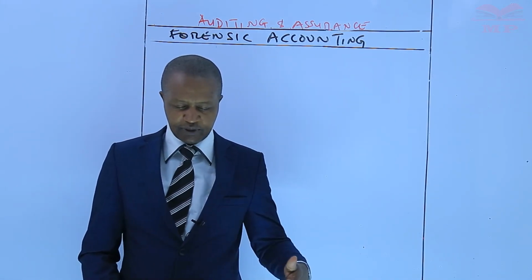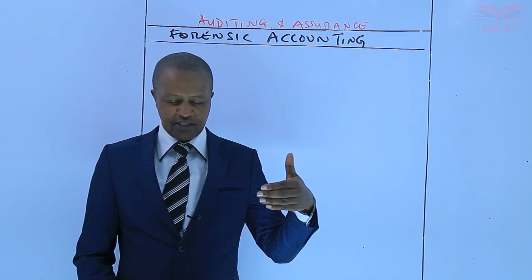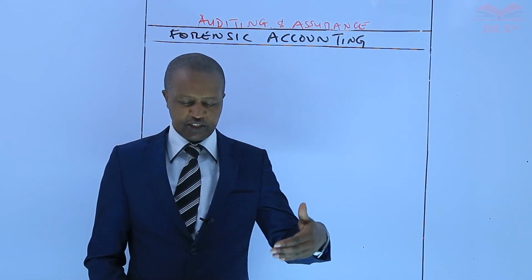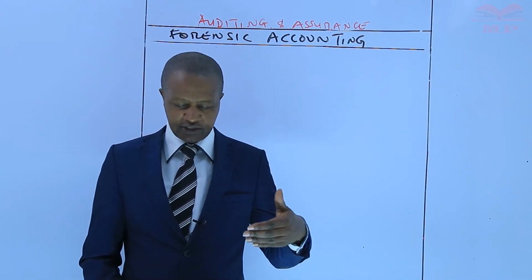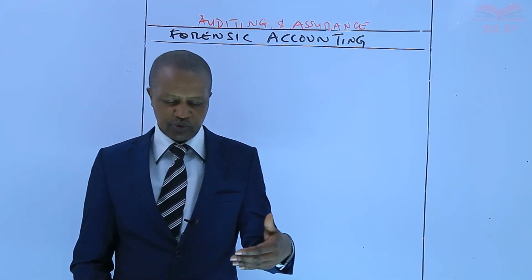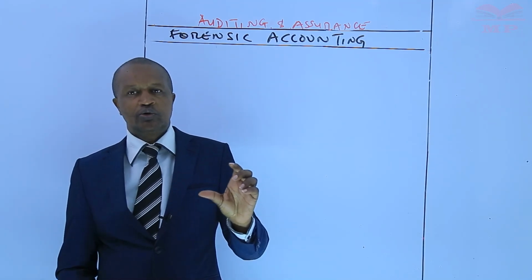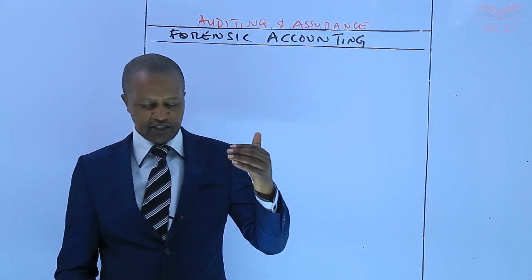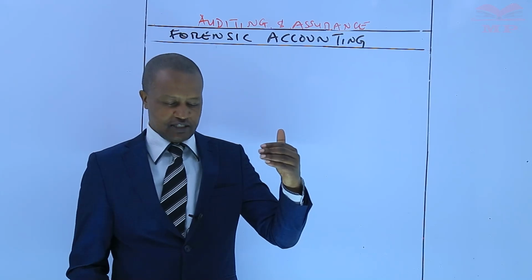So the first subtopic is difference between a statutory audit and a forensic audit. But before we get into differentiating the two, we're going first of all to define forensic accounting.